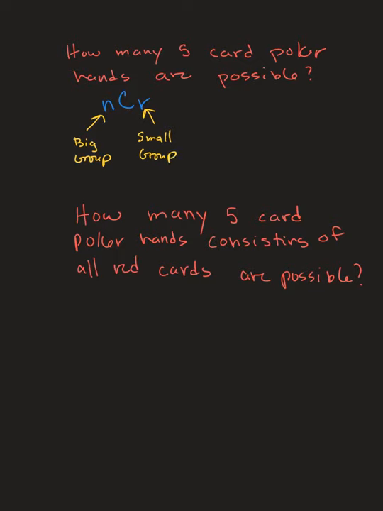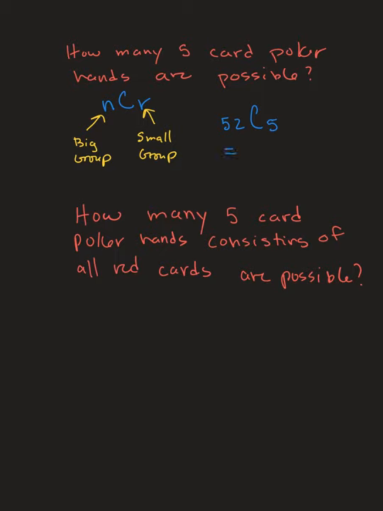There's 52 cards in a deck, so the big group is 52. It's a combination because the order doesn't matter. The size of the small group is 5. So in your calculator, you would put in 52C5.